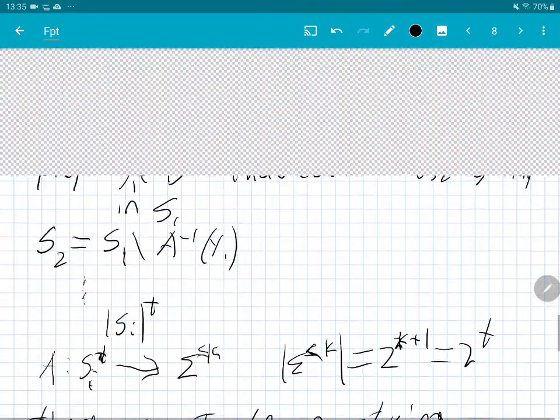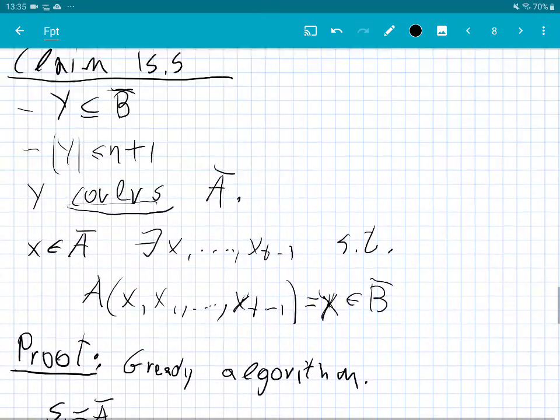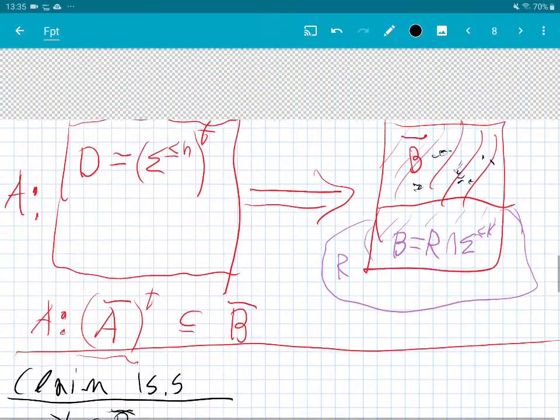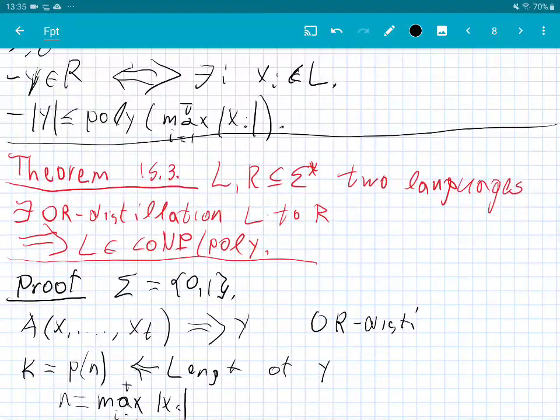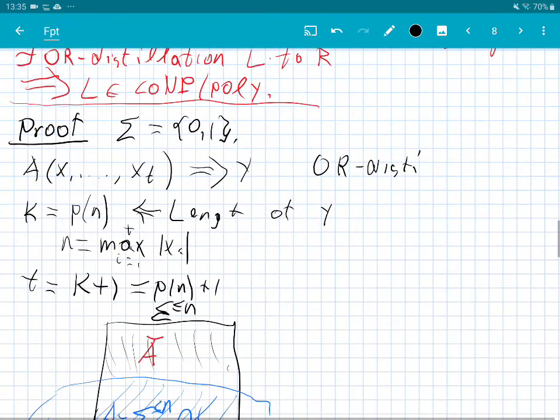Remember, we were trying to prove a theorem, which of course by now you completely forgot what the theorem was about. So let's go back and restate the theorem. The theorem was that if we have two languages L and R, and we have this OR distillation from L to R, then L is contained in coNP over poly.